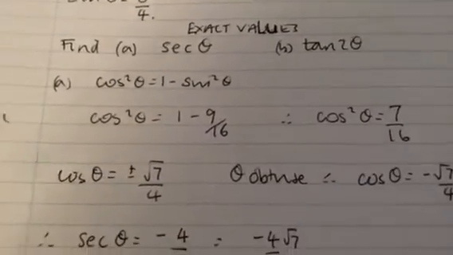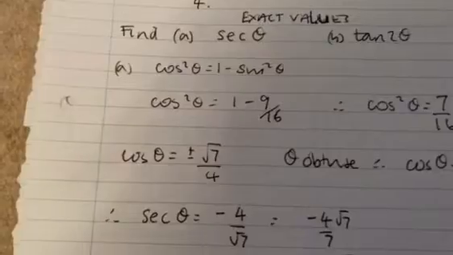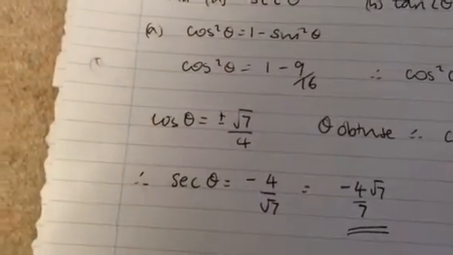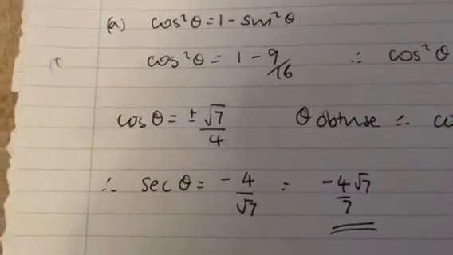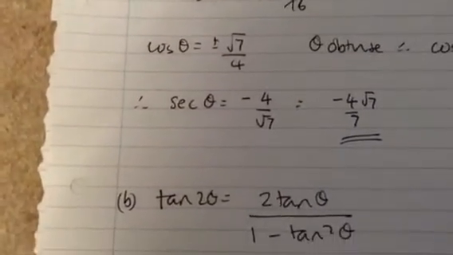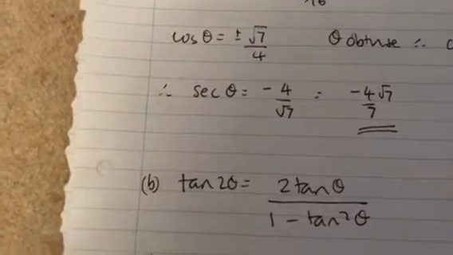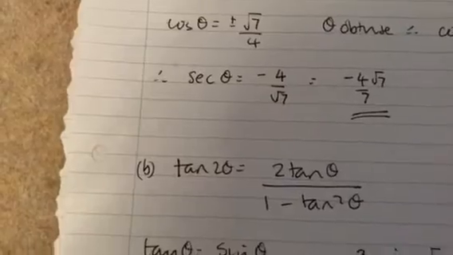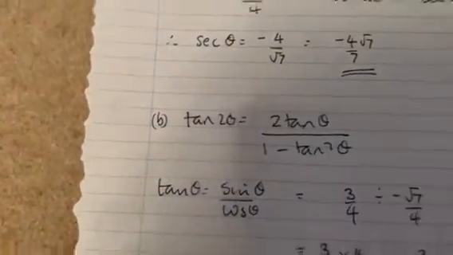So I'm not finding theta. If the cos of theta is minus √7/4, then the sec of theta is the reciprocal of that. And of course, I've rationalized it, so it's minus 4/7 √7. I'm now going to find tan 2 theta and need to know my identity. So that's 2 tan theta over 1 minus tan theta squared. I know tan theta is sine over cos.